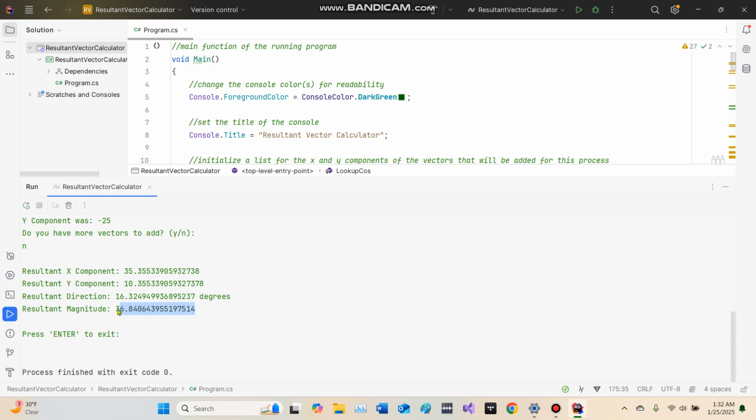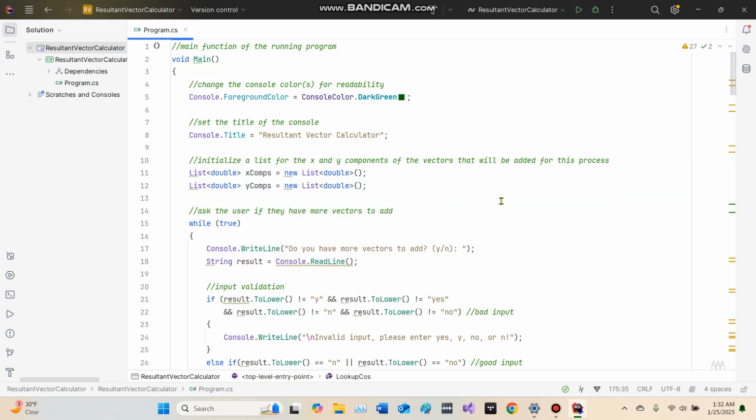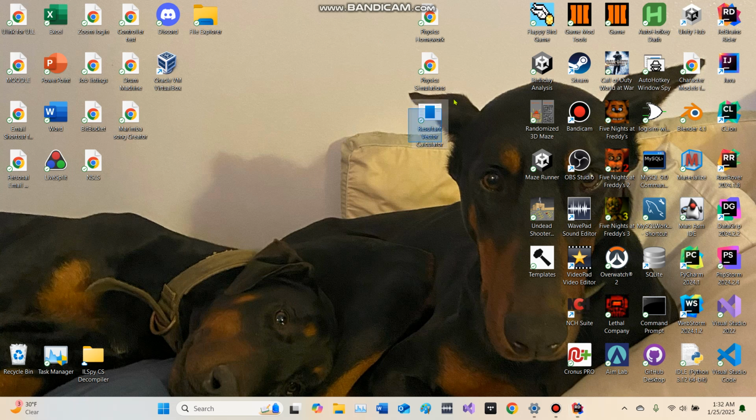Keep in mind that to find magnitude of a vector, all you're doing is adding up the square of its components and taking the square root of that. So let's go ahead and show this. I have my exe here.